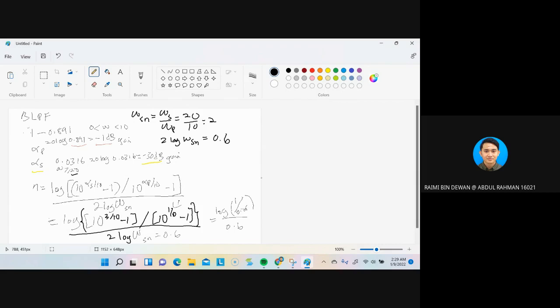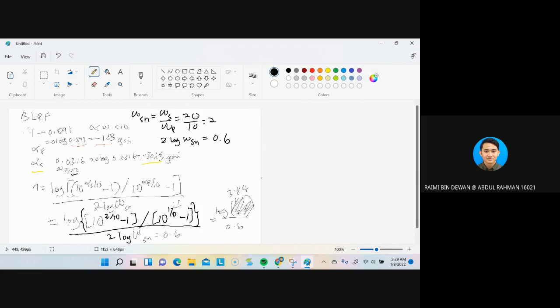So it's log 3.84, divided by 0.6. Wait. Is there anywhere that I made a mistake or left something out?